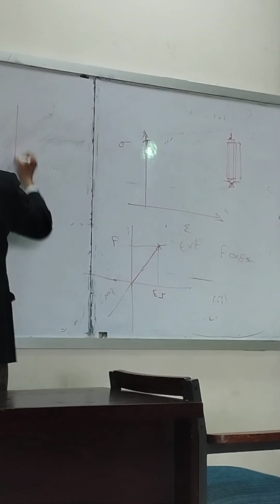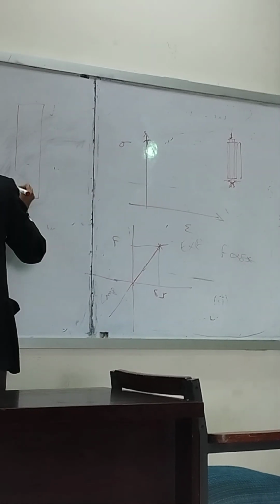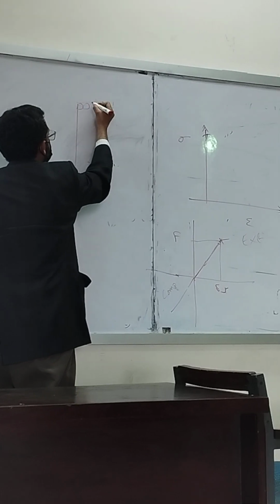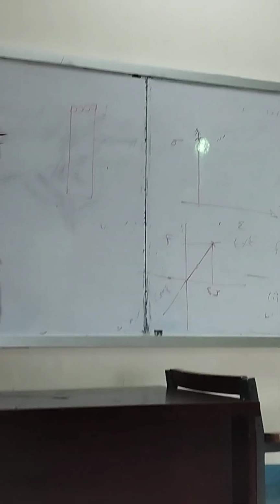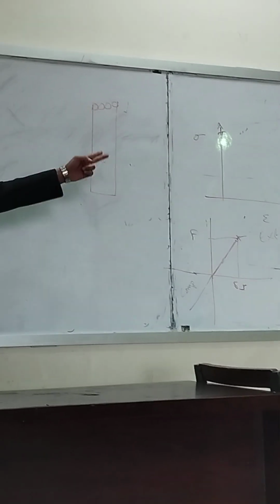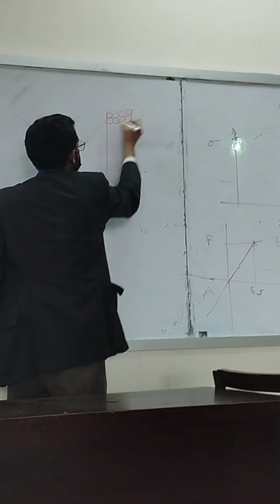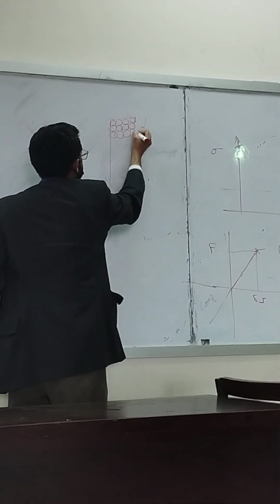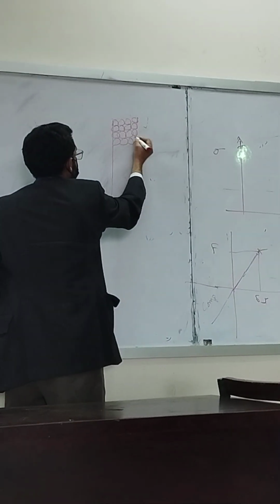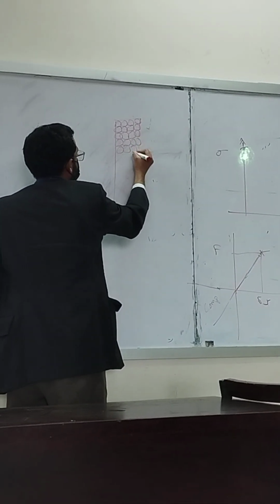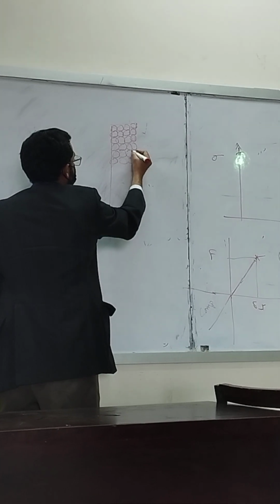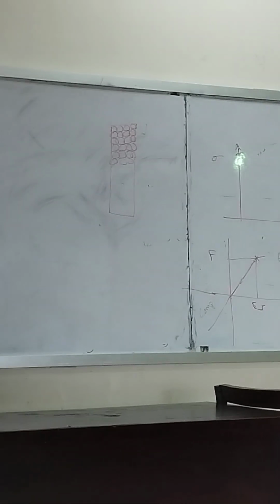At the atomic level, if I zoom into the atoms of the sample that I have been provided with, initially it is like this. The atoms are arranged in an orderly manner and they are closely packed.